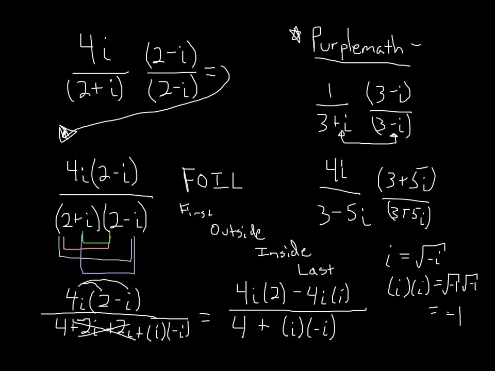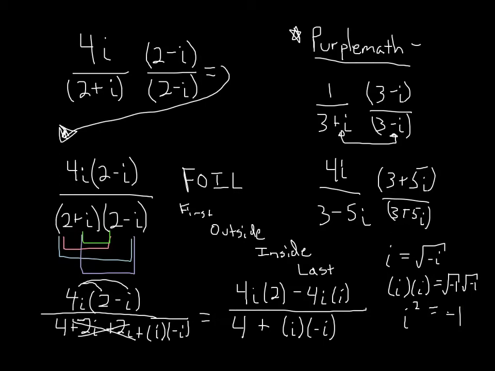So i squared is equal to negative 1. And that's pretty much what I have right here, i times a negative i. So that negative i will cancel out this negative from my negative 1, and I'll end up with just 1. So let's see that a little bit more clearly.